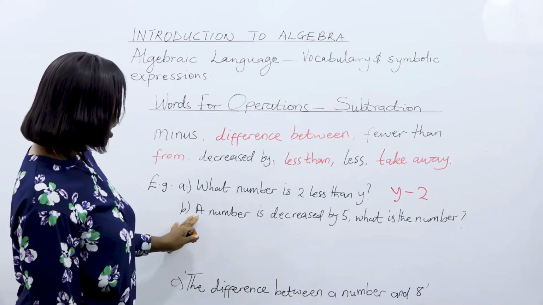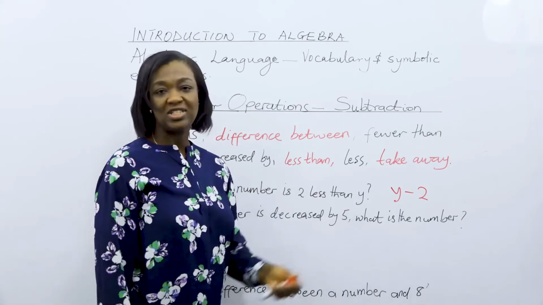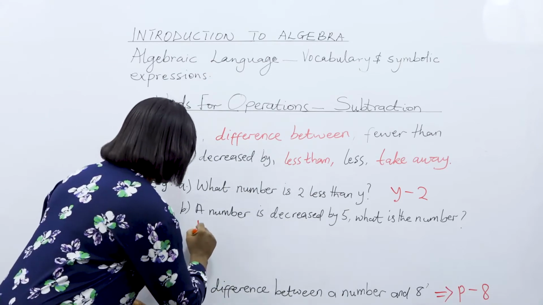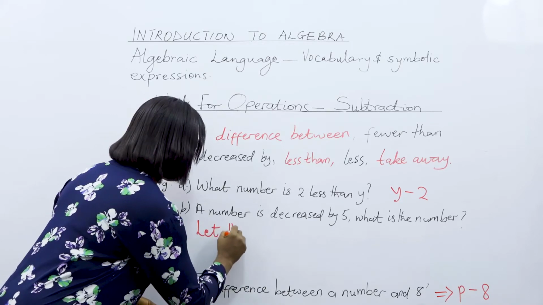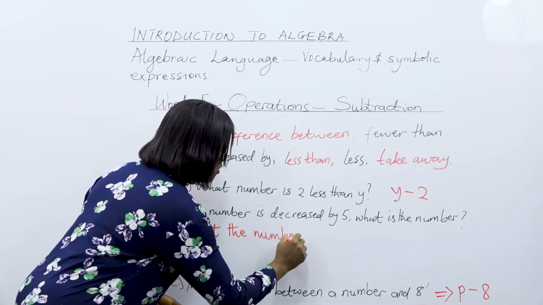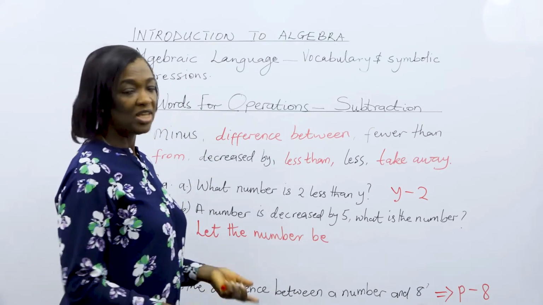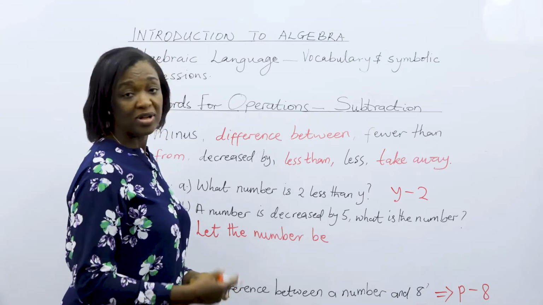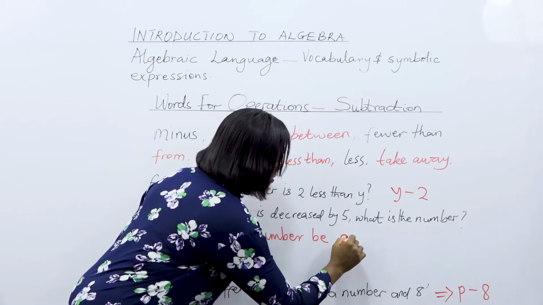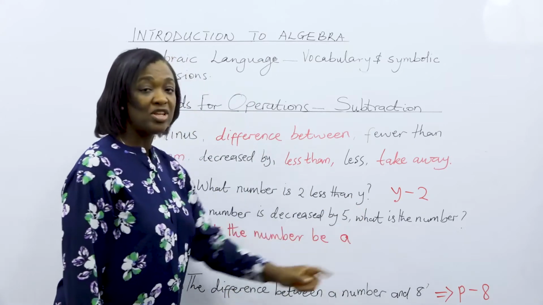Example B. A number is decreased by 5. What is that number? First and foremost, you would say let the number be X or A or B or C. The choice of the alphabet is yours. So let the number be A. A number is decreased by 5, that means A is decreased by 5.